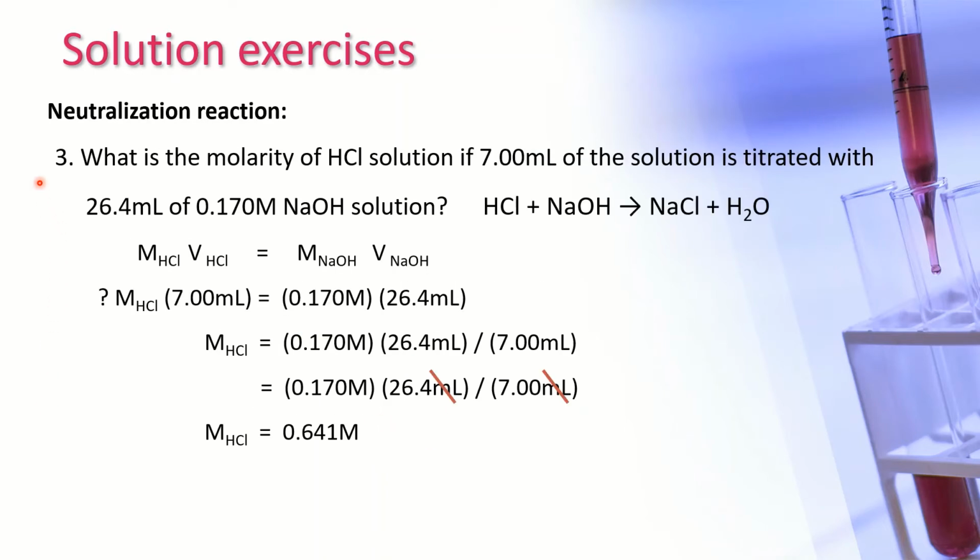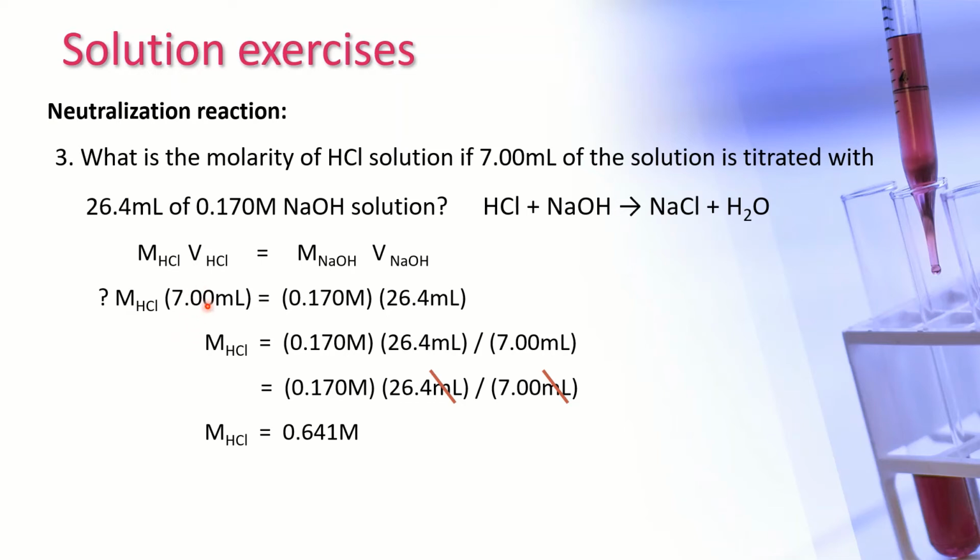Number 3 problem. What is the molarity of the HCl solution if 7 ml of the solution is titrated with 26.4 ml of 0.170 M sodium hydroxide solution? This is a neutralization reaction that asks for the concentration of HCl, which is the acid.